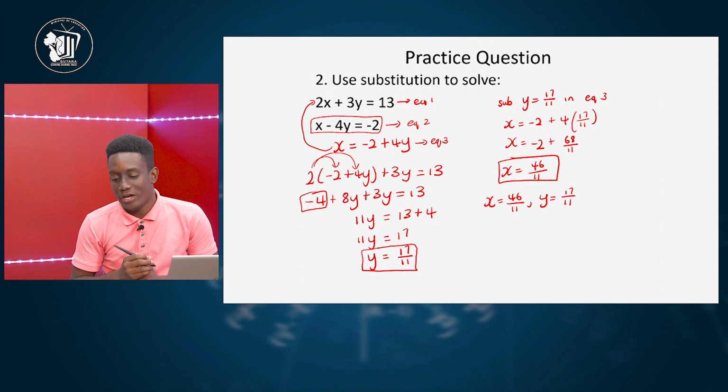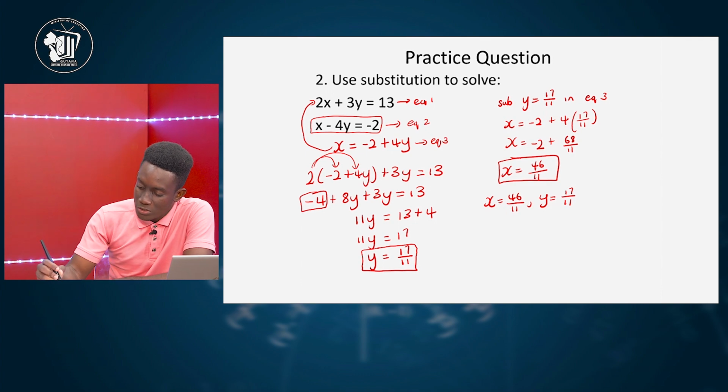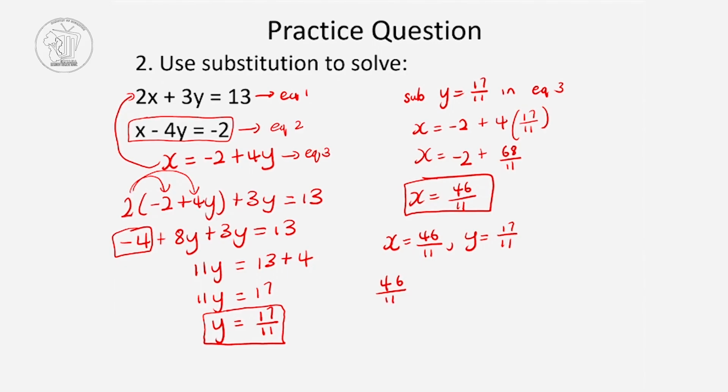So now we can check it for the other equation. Instead of x minus 4y, we'll have 46 over 11 subtract 4 multiplied by 17 over 11, and that should give us negative 2. So we'll have 46 over 11 subtract 4 times 17, which gives us 68 over 11, and that should be equal to negative 2.